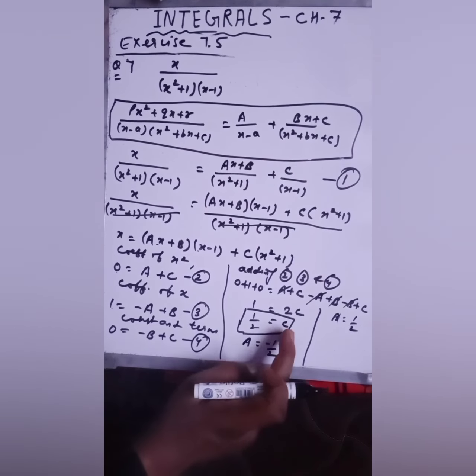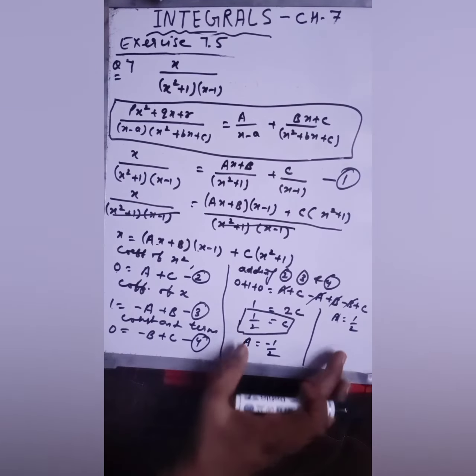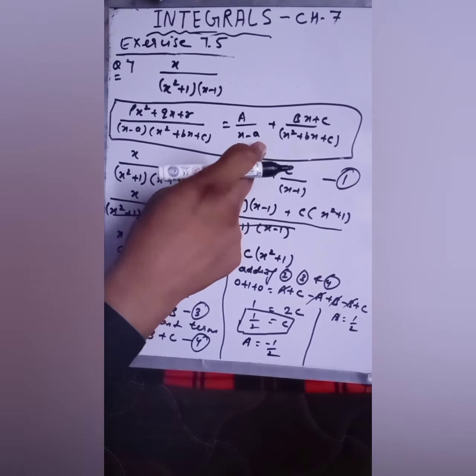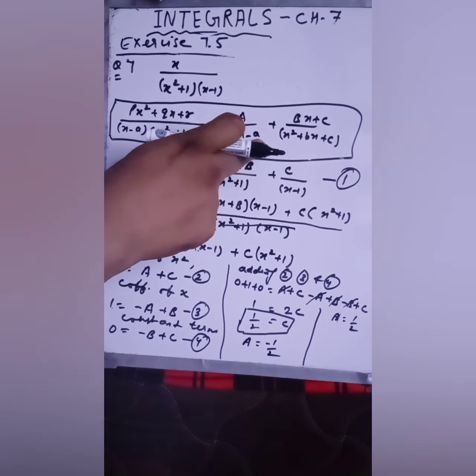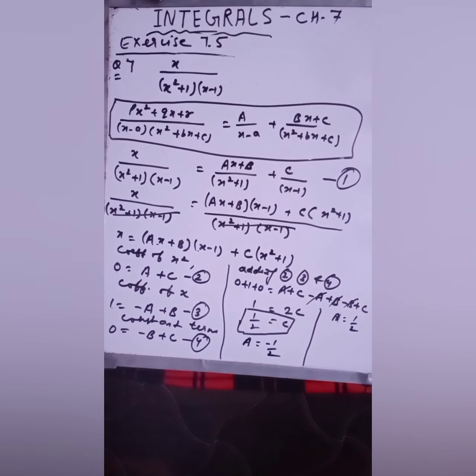So here you have the values of A, B and C. Fine. So this value of ABC you have to put here. Got it? So what I am doing here, now I am erasing all these steps. Okay.